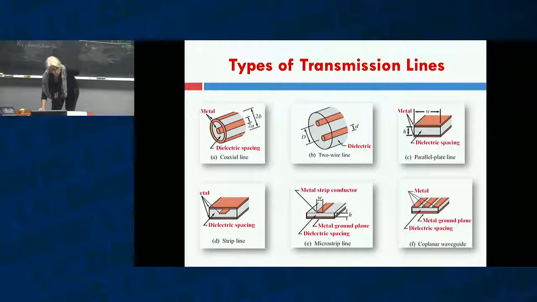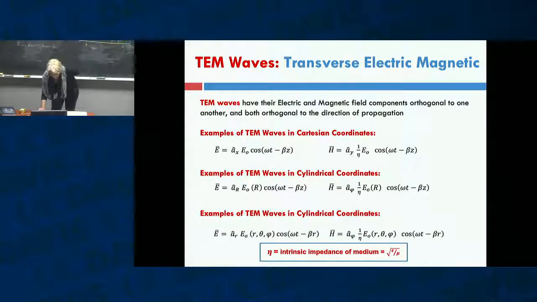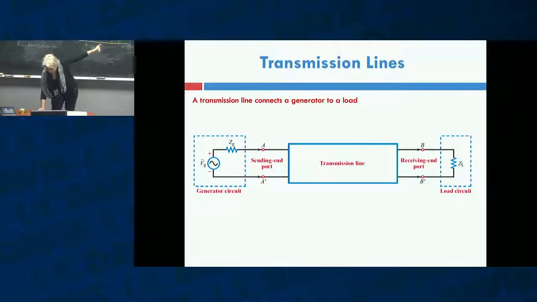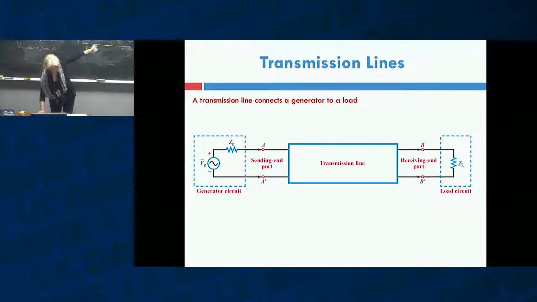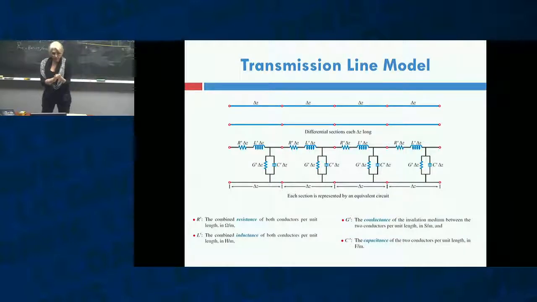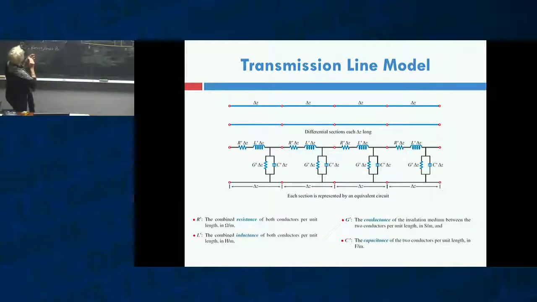Two conductor, all of them, all right? We talked about TM waves in all three coordinates. This is what you see here practically, the circuit representations of the coaxial and parallel plate. This is our transmission line. We have put it in a box in there, but the rest is the same. And here is what I've been discussing with you.